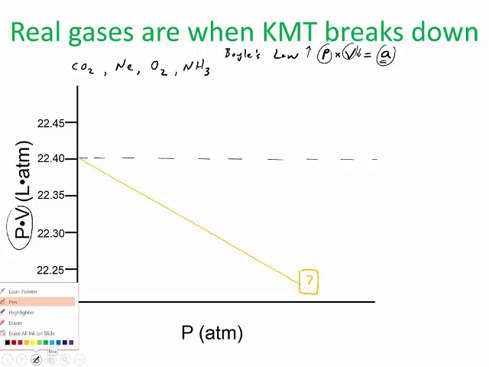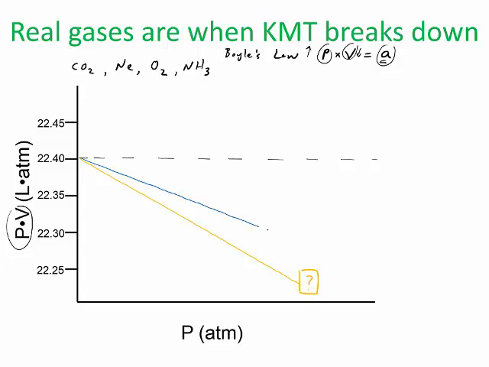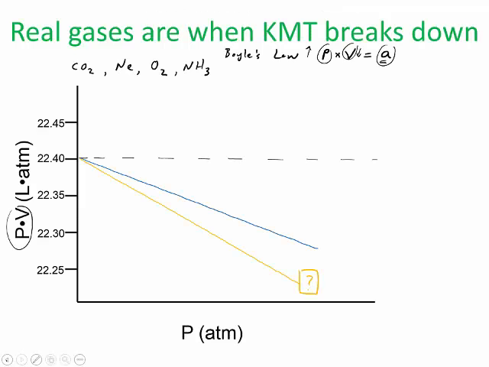So our next line here, and I'll give you some hints and pointers, things to think about. So this one I'll write another question mark, and our third gas deviates from ideal behavior, but not as much as the blue one and the orange one.